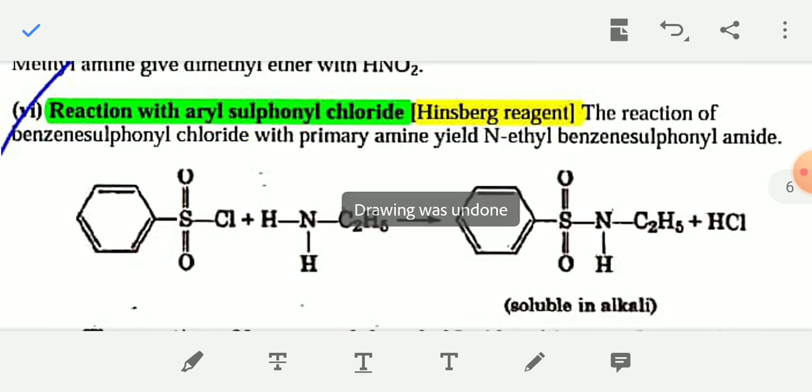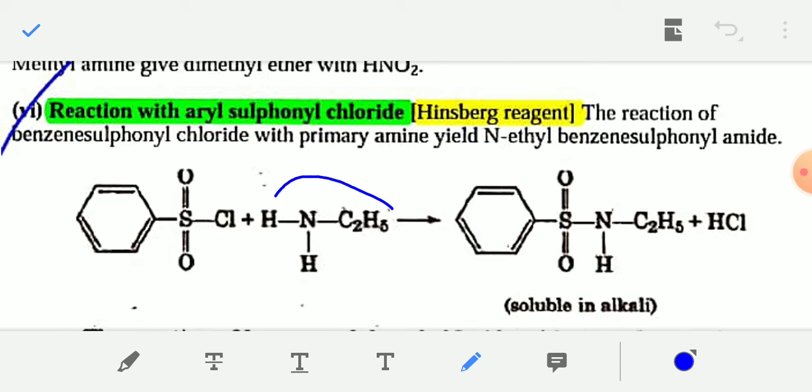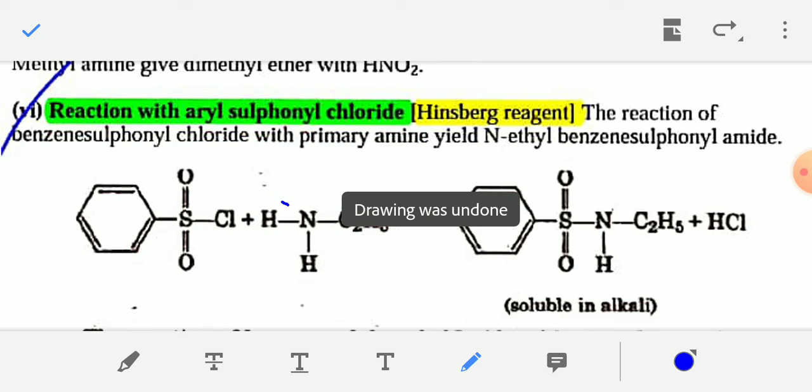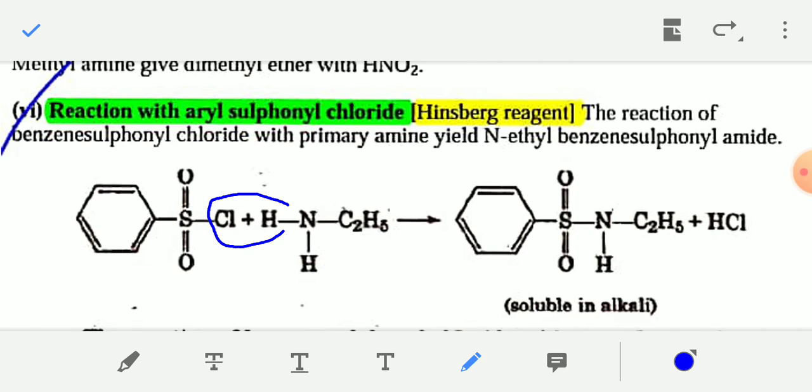So Hinsberg reagent, that is benzene sulfonyl chloride, when it reacts with a primary amine, this is the primary amine C2H5NH2, it will be converted. Just remove one HCl molecule from Hinsberg reagent and primary amine, and it will be converted into an alkali soluble compound.